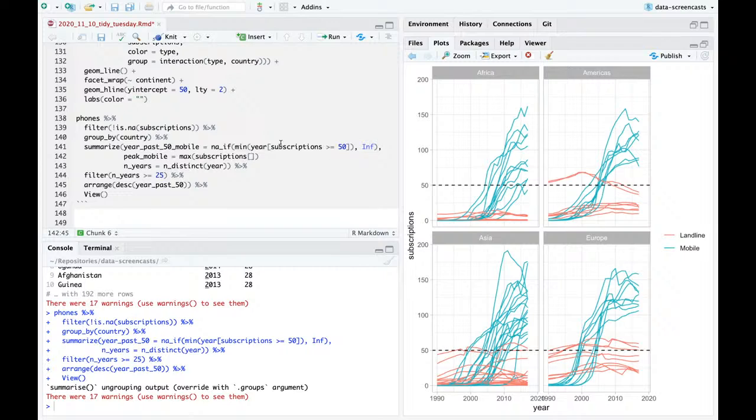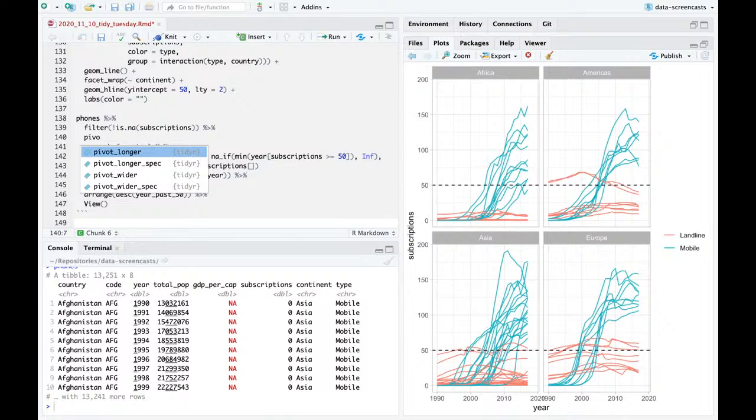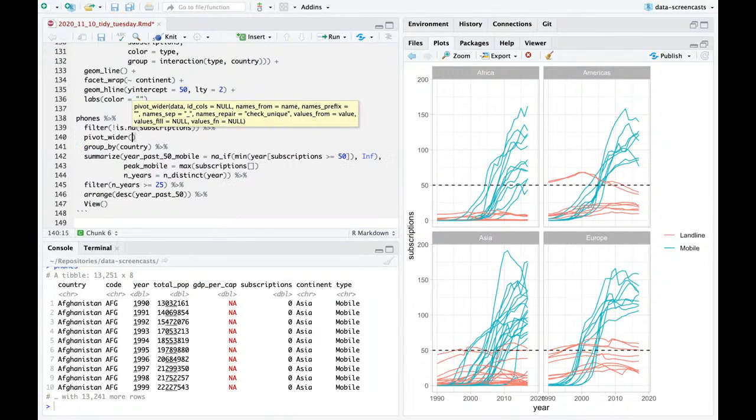Man, look at this. I'm doing this wrong. One problem that I have here is that I have a type going on here, and I actually need to pivot that. There's a bug here that I did. I need to actually change this format to be pivot wider and say names from type, values from subscriptions.